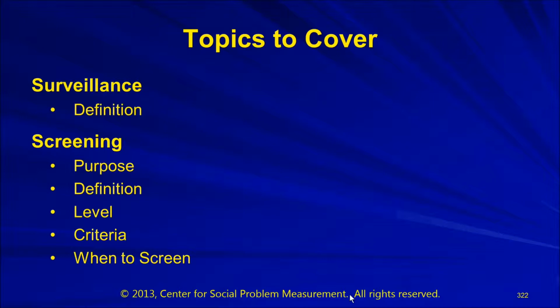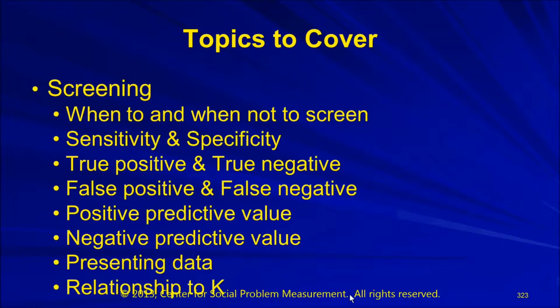And we'll talk about the purpose, the definition, the level, the criteria, when to screen and when not to, and sensitivity and specificity. We'll define these terms. I'm going to give you a whole bunch of terms that have formulas with them. So as you go through, you can just see what it is that we're going to cover.